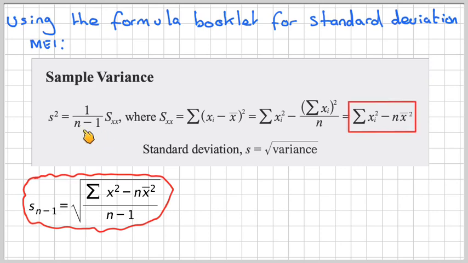The divided by n minus 1 you can get from here. And then you'll need to remember to take the square root of it to get the standard deviation, because this divided by this will give you what's known as the sample variance. But this is actually what is written on the formula booklet, so learn to recognize it and remember that's what you need for the standard deviation.